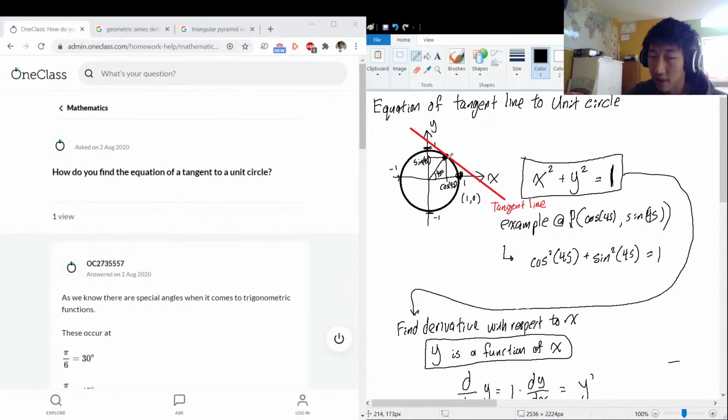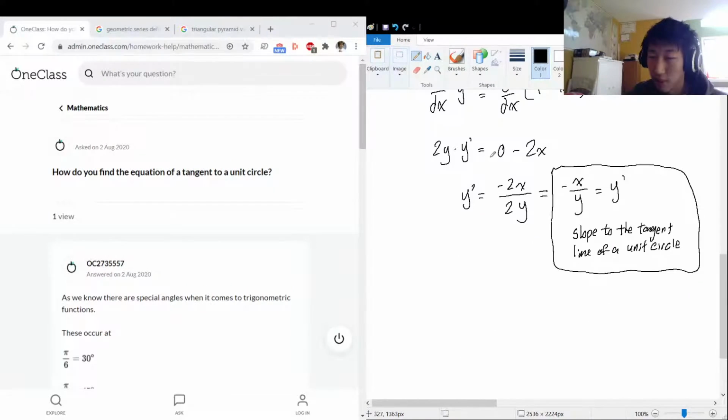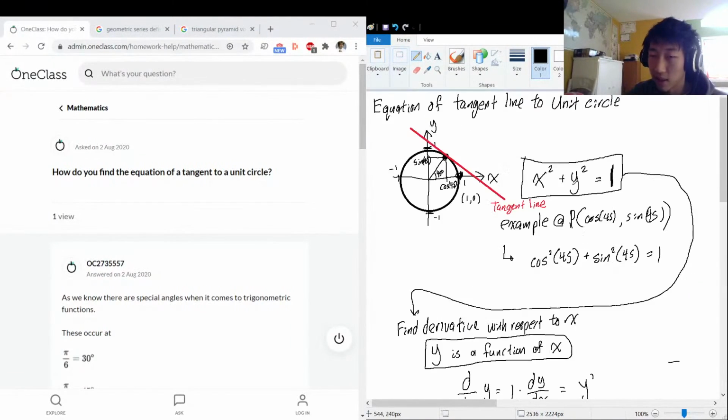If it's at exactly 45 degrees, you would expect the slope to be negative 1. As we get closer to x, this should get more steep, meaning that x is getting bigger and y is getting smaller. So its magnitude is getting bigger, but it's getting more negative. So that makes sense.